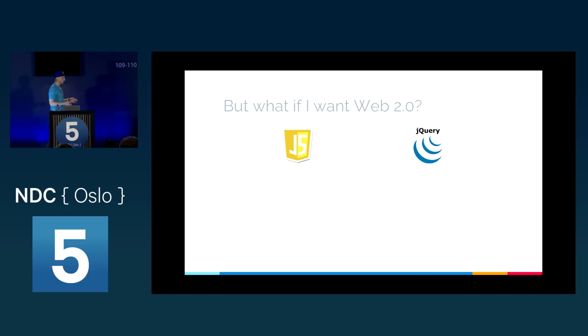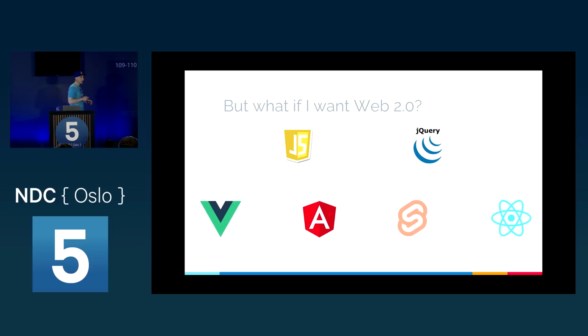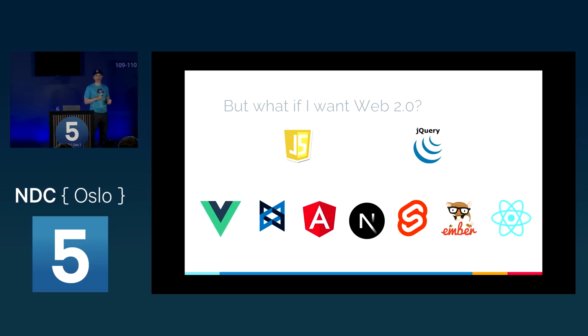But if you want true Web 2.0 at this particular time, you get to choose your own adventure, right? Who here knows what all of those logos are? Not one person? All right. Class, we're going to do it one by one, all right? What's the green V? Yay.